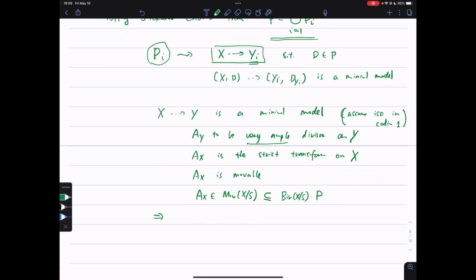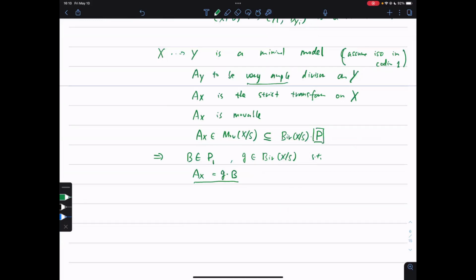So it implies there must be some divisor, say B inside of P, and some g inside the birational action, such that A_X equals g times B. Because P has been decomposed into parts, without loss of generality, we assume B lies in P_1, and under the action of g it is equal to A_X.